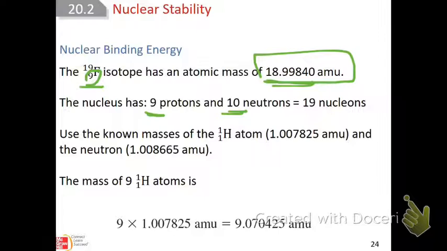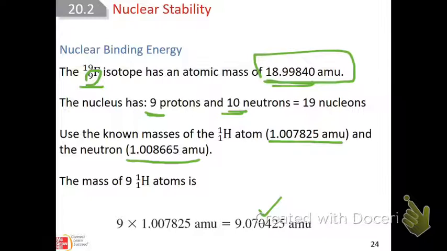So let's find out what the mass should be. The mass of a proton, and you would be given this, is right there. If you take 9 times that 1.0078, that's equal to 9.074185 AMU. Then here's the mass of a neutron. Slightly more. Remember, I told you that a neutron is actually comprised of a proton plus an electron together, and then a little gluon that holds them together.